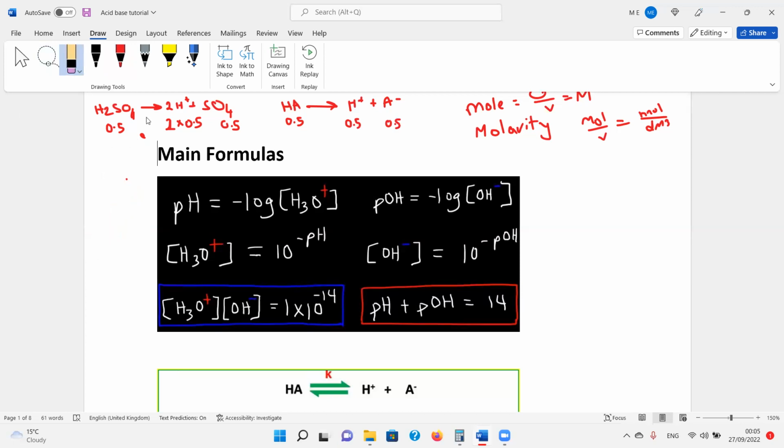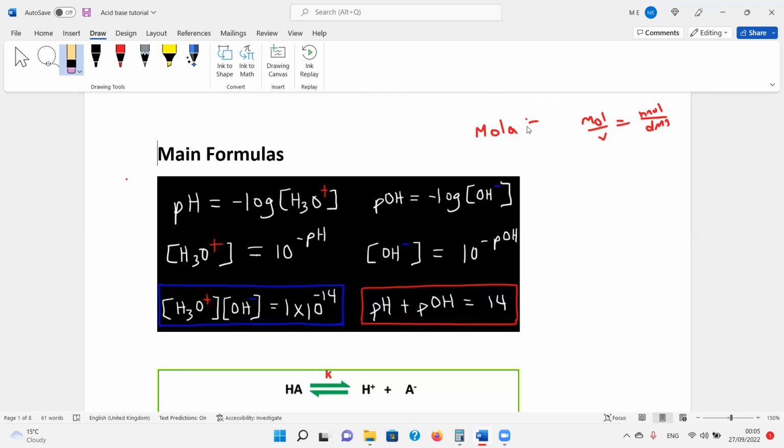So far we've learned 4 formulas, and we learned that the strong acid and strong base dissociate fully. And if we have the concentration of acid or base, we can use that concentration directly in this equation.